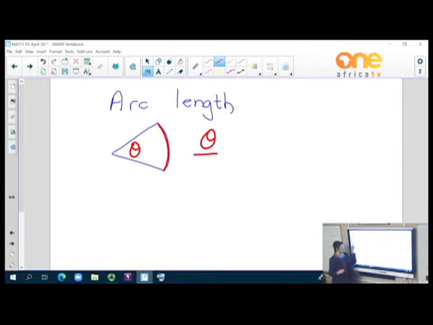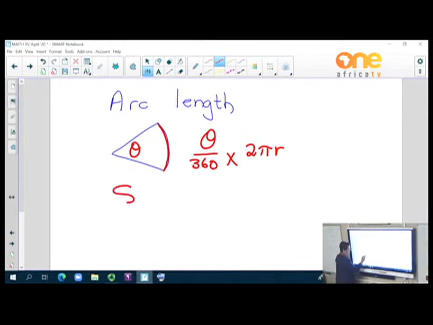How many degrees do we have in a revolution? 360, that's right. So theta over 360 of the circumference, because the arc length is part of the circumference, so of 2 pi r. And that's your formula for that arc length. Theta over 360 of 2 pi r.